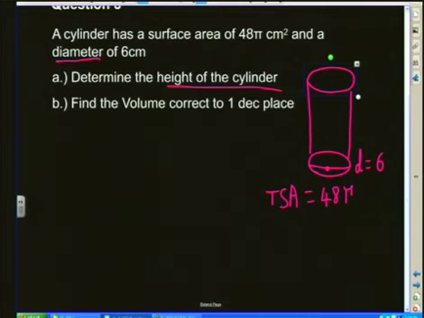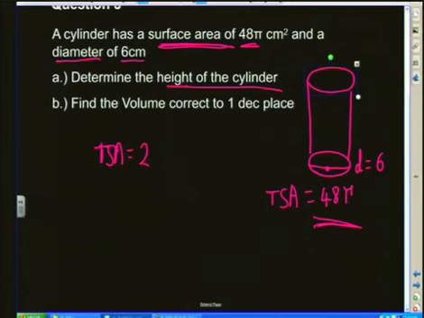Now, the way we unpack this is we look at the information we've been given. We've been given a value for the total surface area. We've also been given the length of the diameter, and we're asked to find the height. So we need to use the given information to try and work backwards. How do we work backwards? Again, I'm using the formula. I just showed you that total surface area is 2 times the area of the base.